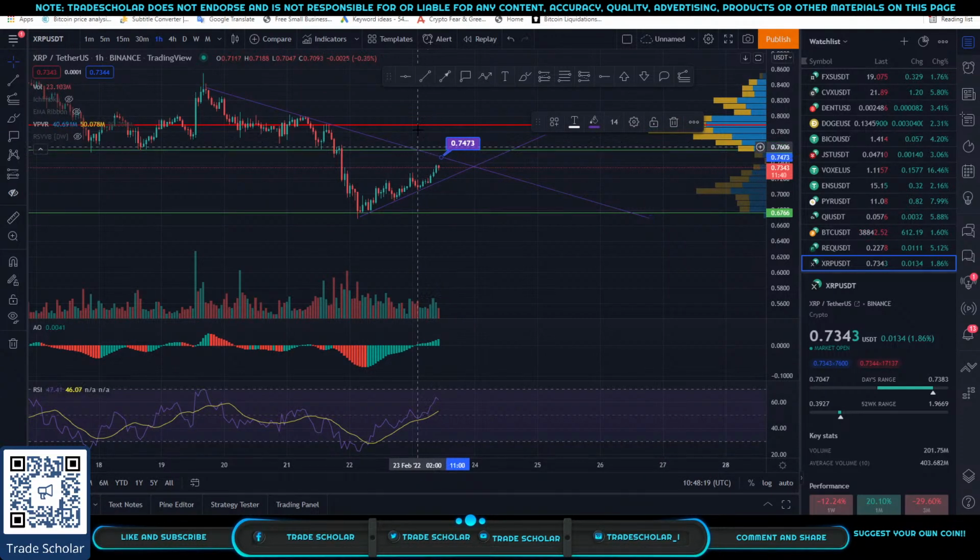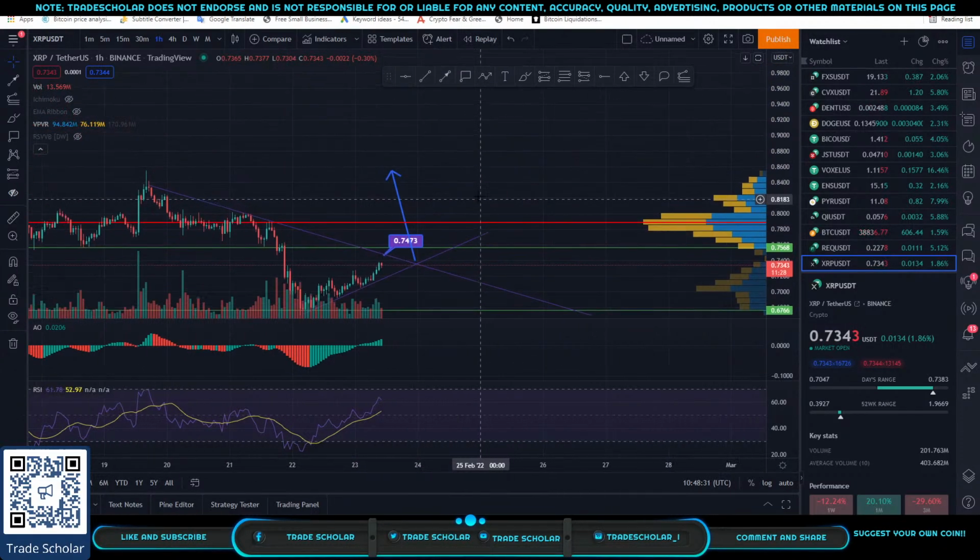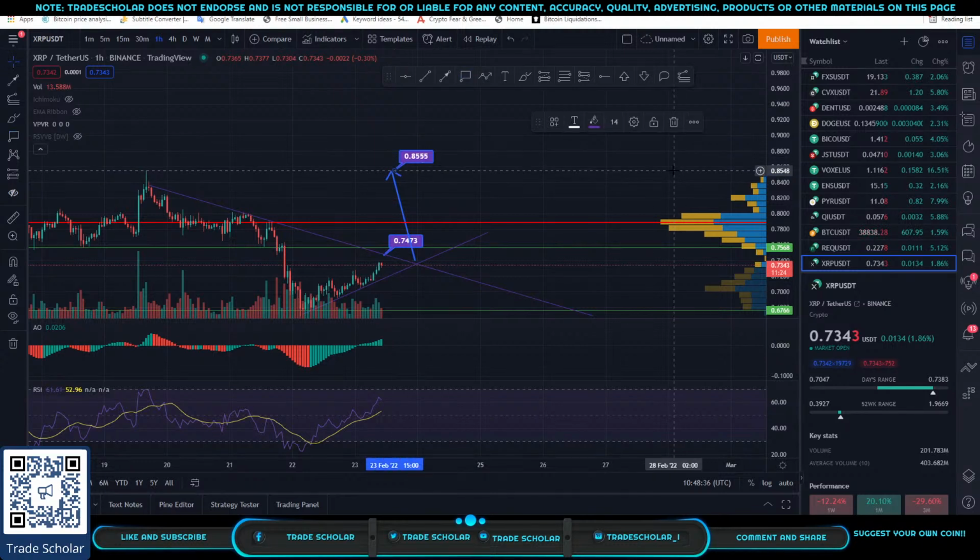But if we break this, then there's a possibility that we can bounce or move to the upside. This is for our XRP.